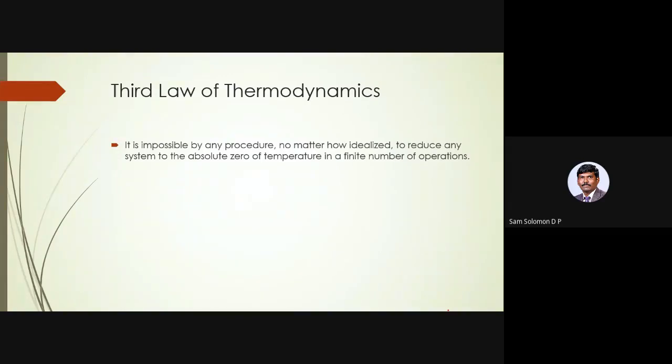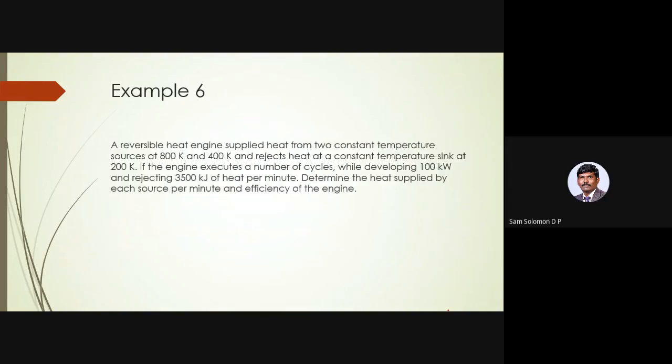I have taken 3 more problems as examples, and with that we will be concluding the third unit. The third unit is very simple, and you will get questions only from heat engines, refrigerators, and heat pumps. Or they may ask you to prove some of these, maybe the absolute thermodynamic temperature scale derivation, or the equivalence of the Kelvin-Planck and Clausius statements, or to derive the efficiency of the Carnot cycle.